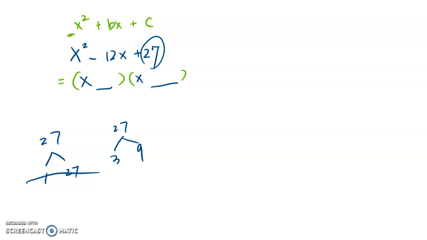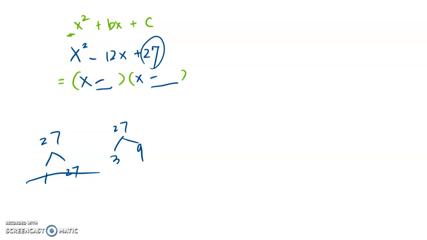3 and 9. Okay, so since the two numbers multiply to be 27, and they add up to be a negative number, that means both numbers need to be negative, right? Because they multiply to be positive and they add up to be negative.